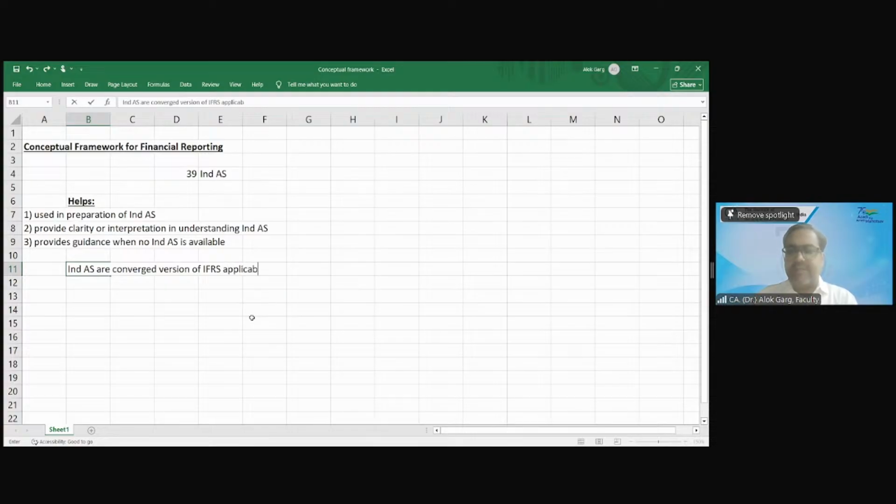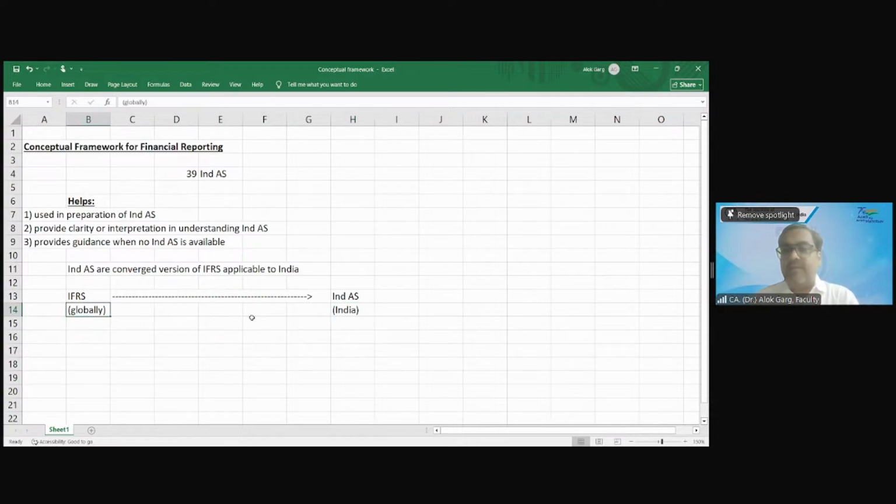Globally there was IFRS, and in India we converged IFRS. We drafted our Ind AS from IFRS. This is an Indian standard.